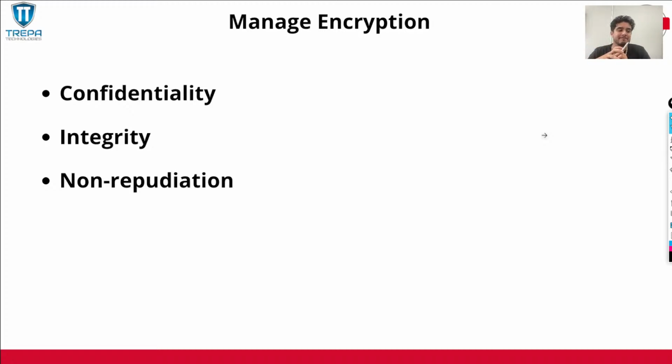Now, integrity. To verify integrity, we typically use hashing, or digital signatures, which I'm going to get to. So confidentiality, that's our encryption, using symmetric or asymmetric encryption for our data in transit or our data at rest.